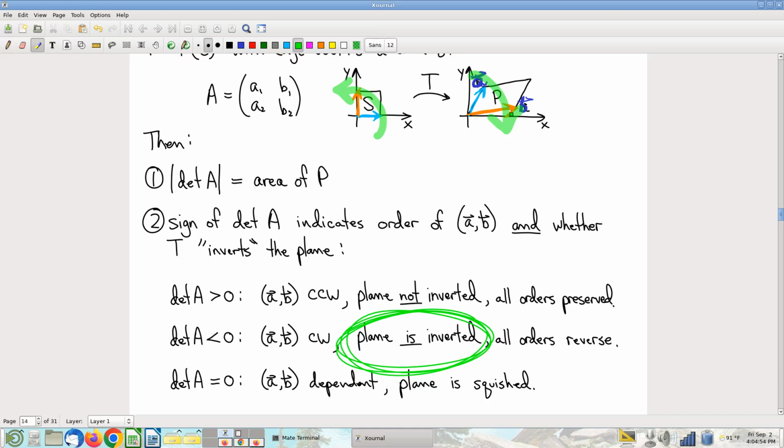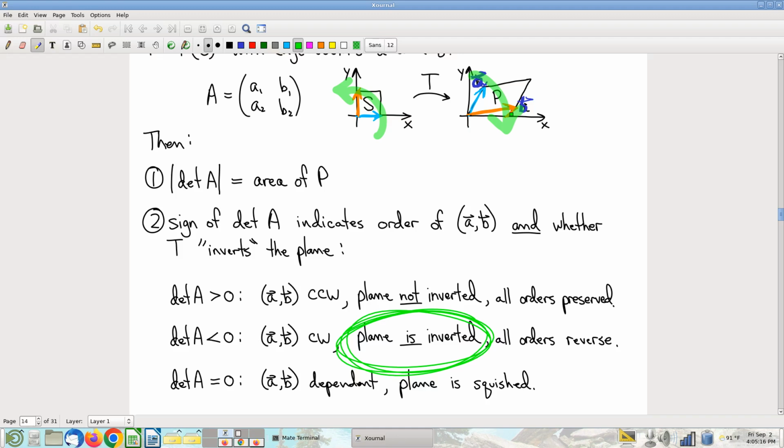I forgot. Anyway, let me just observe in general. Counterclockwise, if you stretch it this way, still counterclockwise. If you squish it, if you shear it, still counterclockwise. The only thing that will make it anything else is to flip it over upside down.